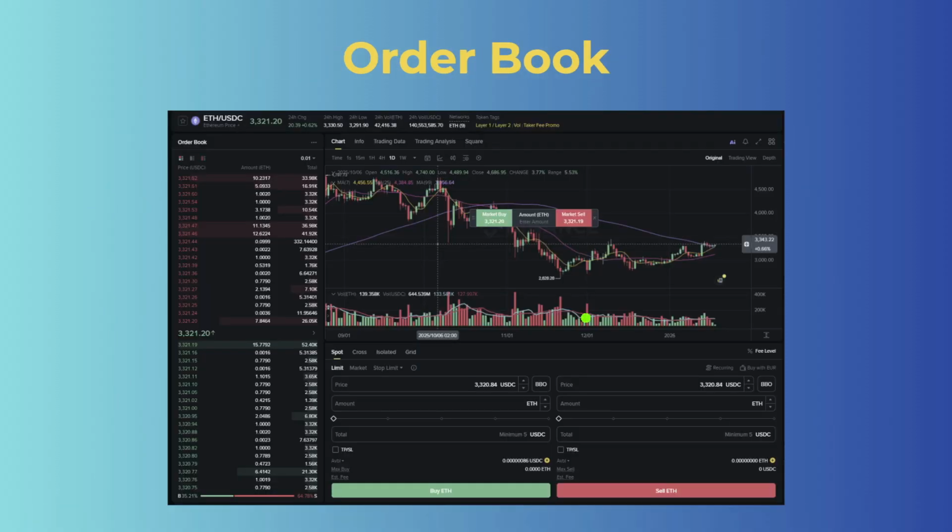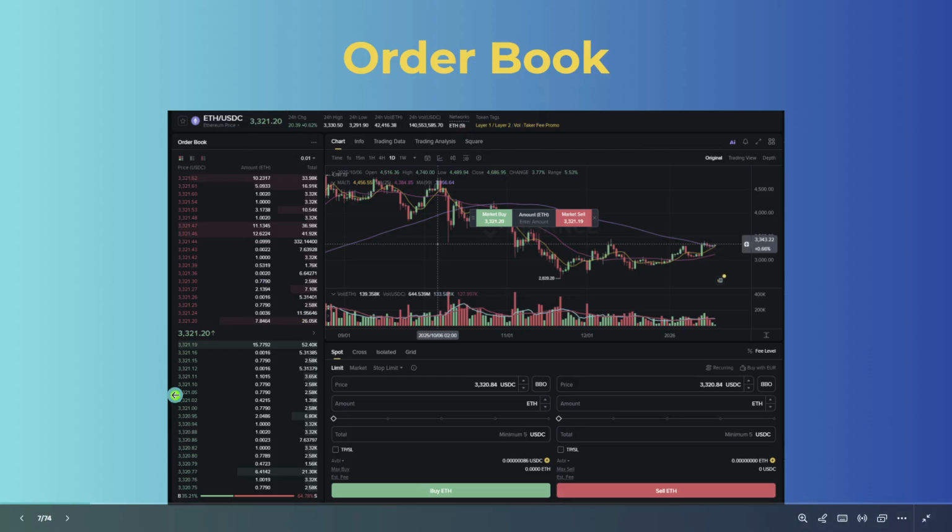So what is an order book? As you can see here, we have the buy orders and sell orders. This is for the pair ETH USDC, taken from Binance. So buying orders and sell orders.